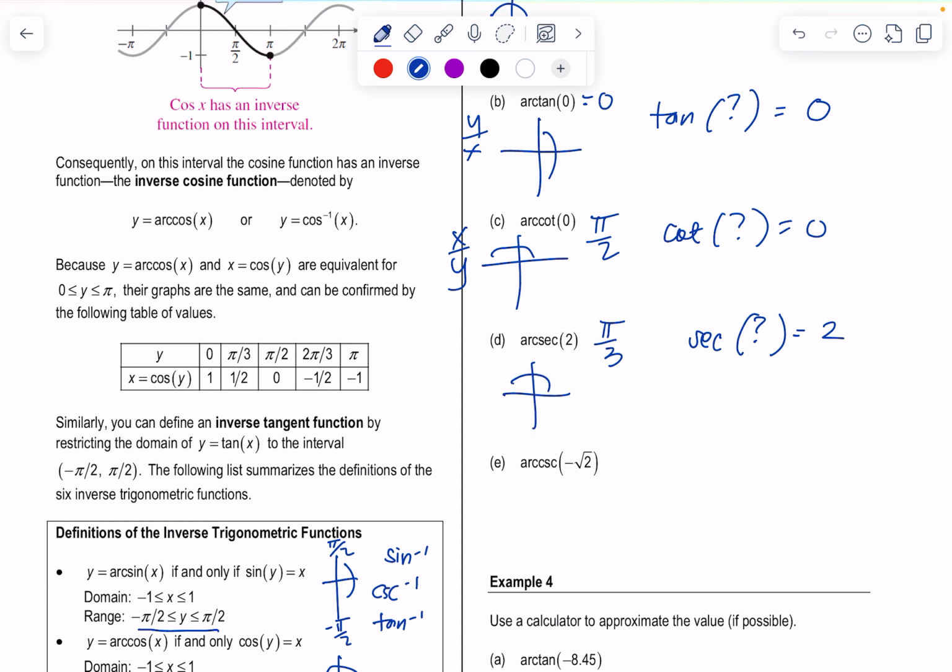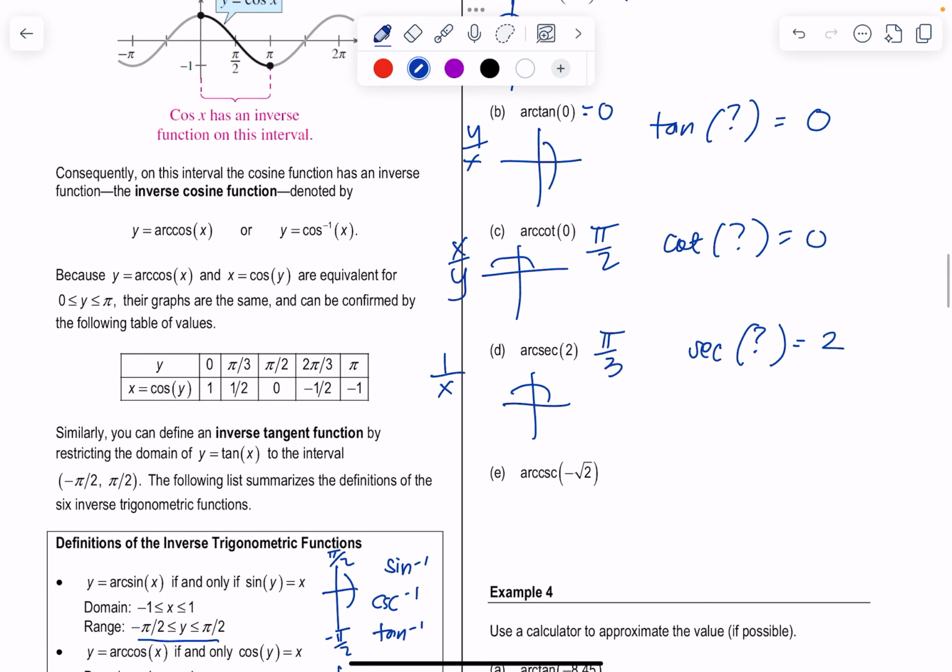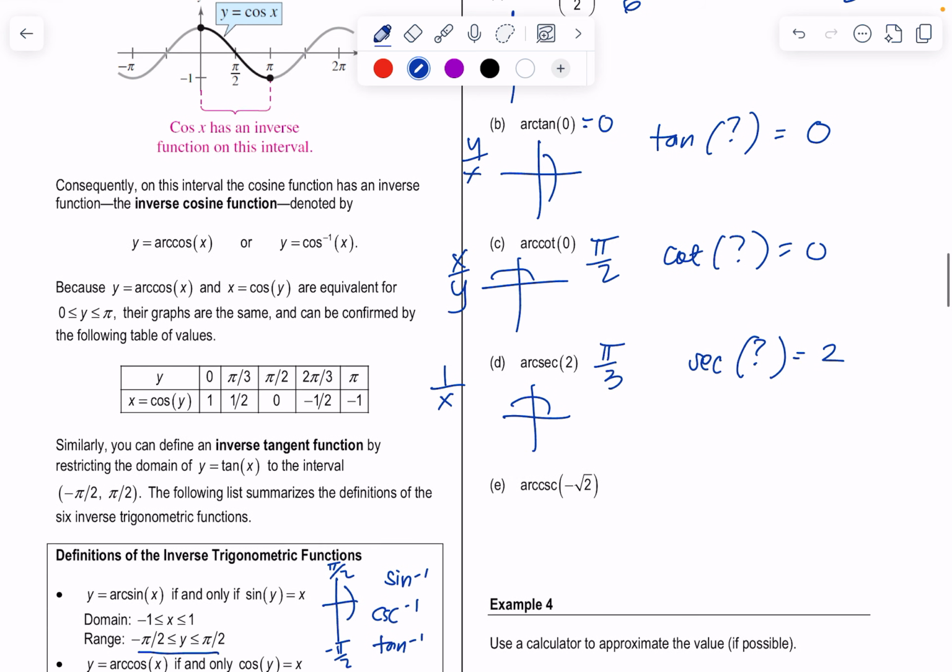But how do I use the unit circle to find that? This is 1 over x. So we're trying to find something where 1 divided by x equals 2.